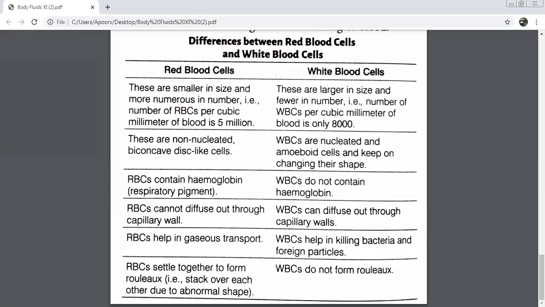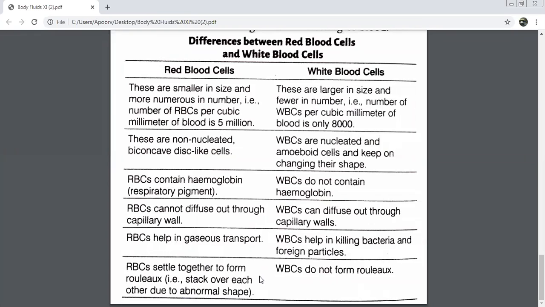RBCs settle together to form rouleaux, stacking over each other due to abnormal shape. What is a stack? A pile. You take one book, keep another on it, in a uniform manner, then we call it a stack. But if you keep it in a haphazard manner, it's not organized.